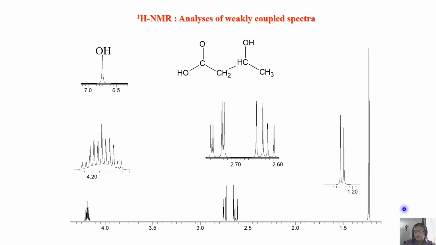There is one peak, and further, you all know CH3 comes at a very high field in the proton NMR spectrum. So in the high field, you see a clear doublet. So comfortably, we can say this is CH3 and it is a doublet because of its coupling to the CH proton. That assignment is done.